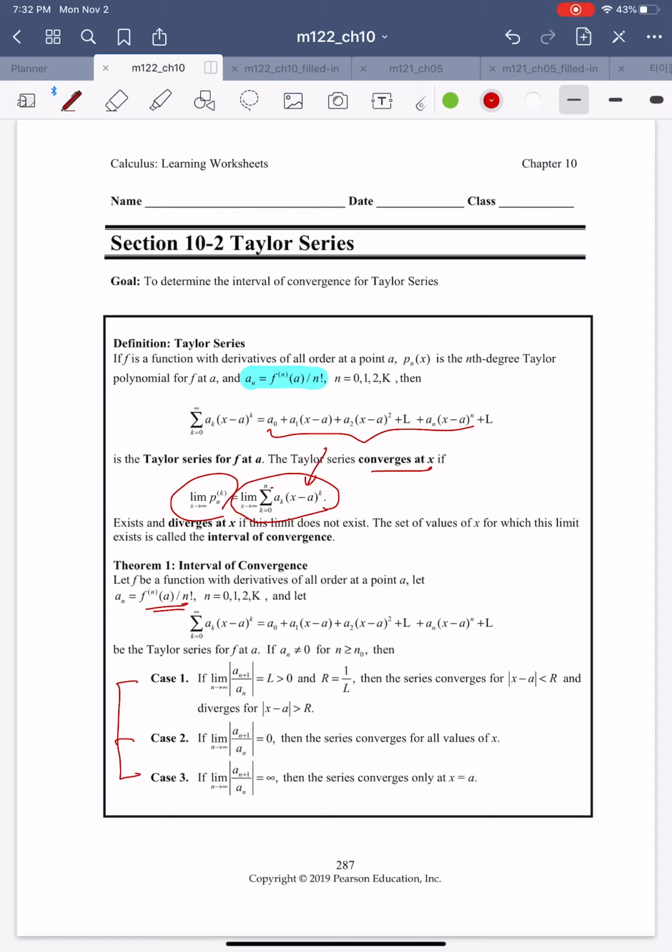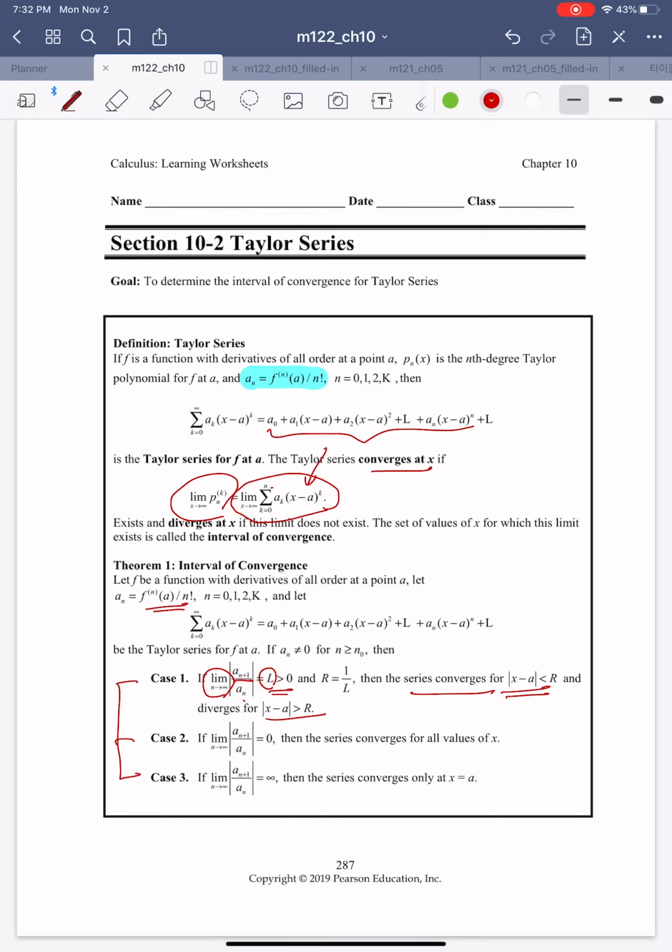We take the limit as n approaches infinity of a sub n plus 1 divided by a sub n. If it's equal to some number L greater than 0, then R is 1 over L, and we call this the radius of convergence. If the absolute value of x minus a is less than R, then the series converges, and diverges otherwise.